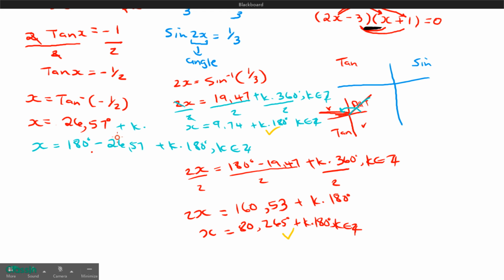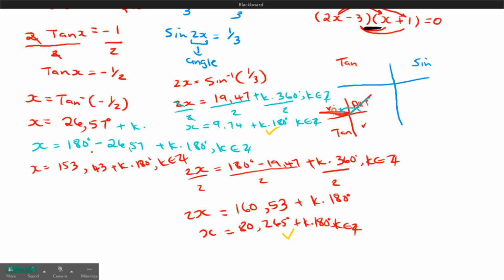The first solution that we have is 153. So the value of x is equal to 153,43 plus k times 180 degrees, where k is an element of integers.